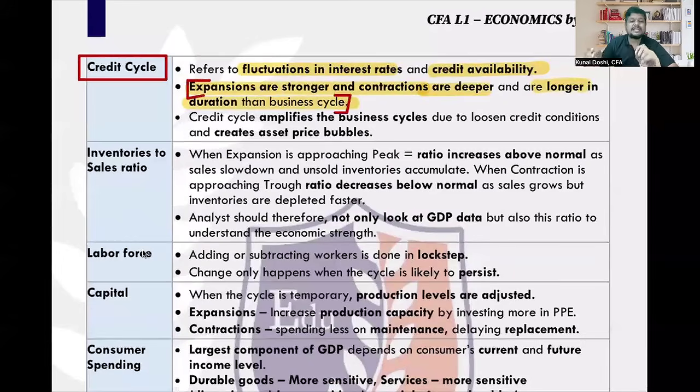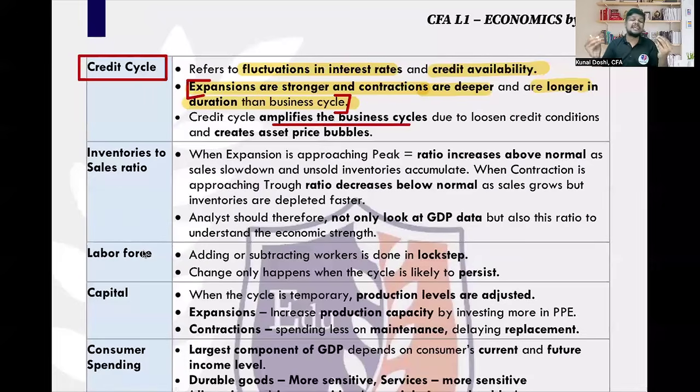So what is the credit cycle going to do? Well, the credit cycle inflates the economy. If the economy is at expansion, a credit cycle boom will make it stronger. If the economy is in recession or contraction, it will make it much deeper, not only deeper and stronger, but for a prolonged period. So the credit cycle amplifies the business cycle. Whatever the business cycle is into, the credit cycle will push for it.